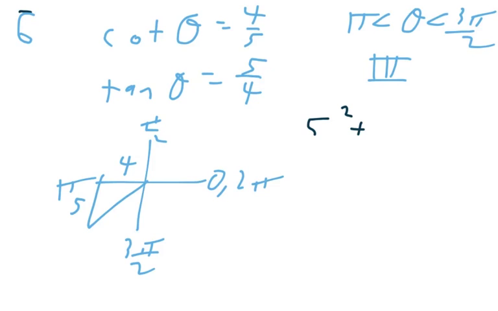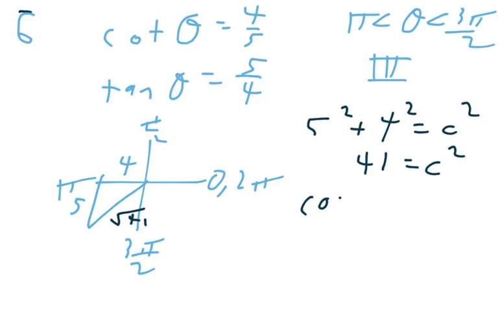So in order to find out what the secant is, I'm going to do 5 squared plus 4 squared equals c squared. So I get 41 is c squared, so this turns out to be the square root of 41. Now, in our formulas, it will tell us that secant goes with cosine.